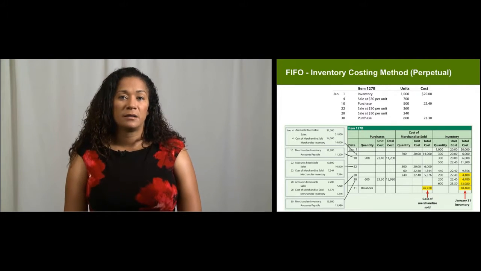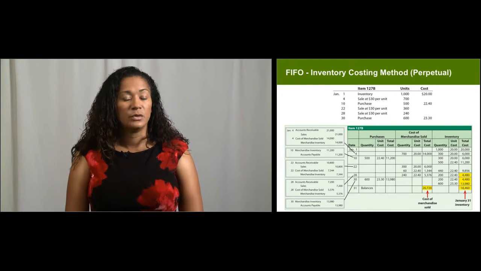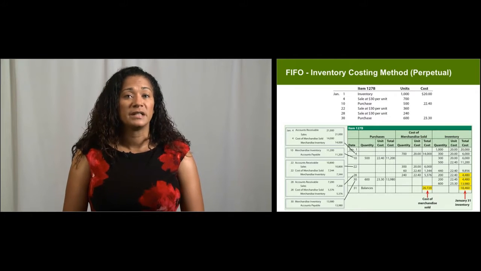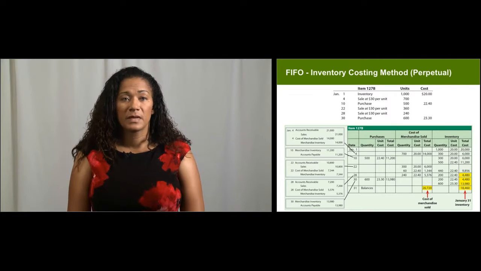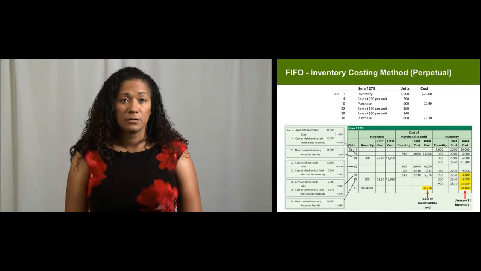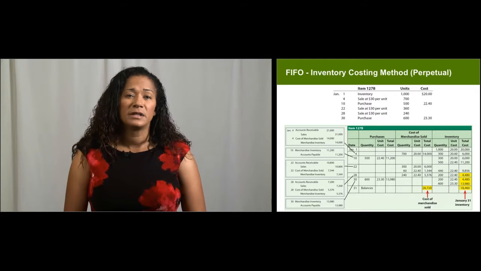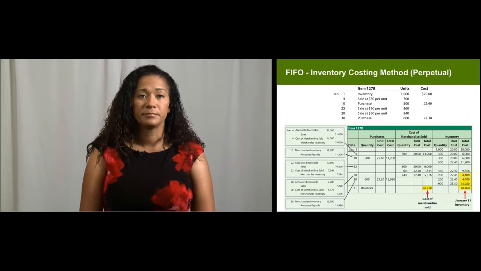The middle 3 columns, 5, 6, and 7, also titled Quantity, Unit Cost, and Total Cost, are used to record the cost of merchandise sold each time a sale transaction occurs. The last 3 columns, 8, 9, and 10, also titled Quantity, Unit Cost, and Total Cost, are used to calculate the running inventory balance after each transaction.